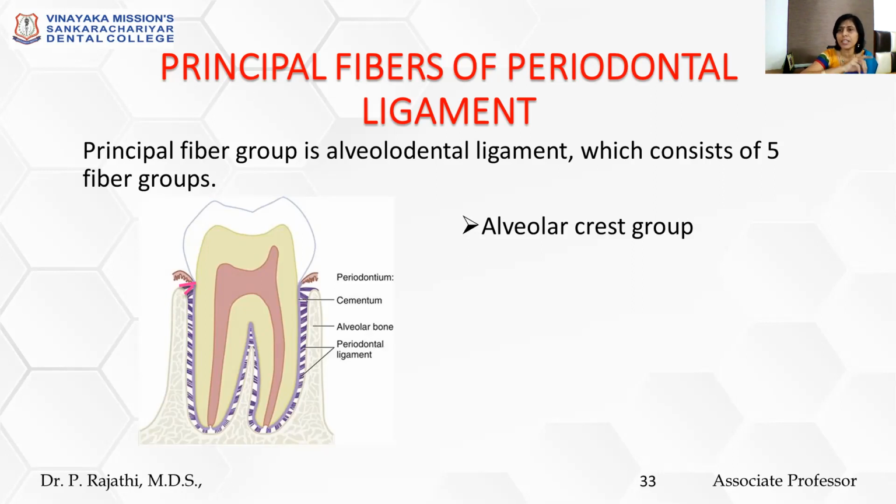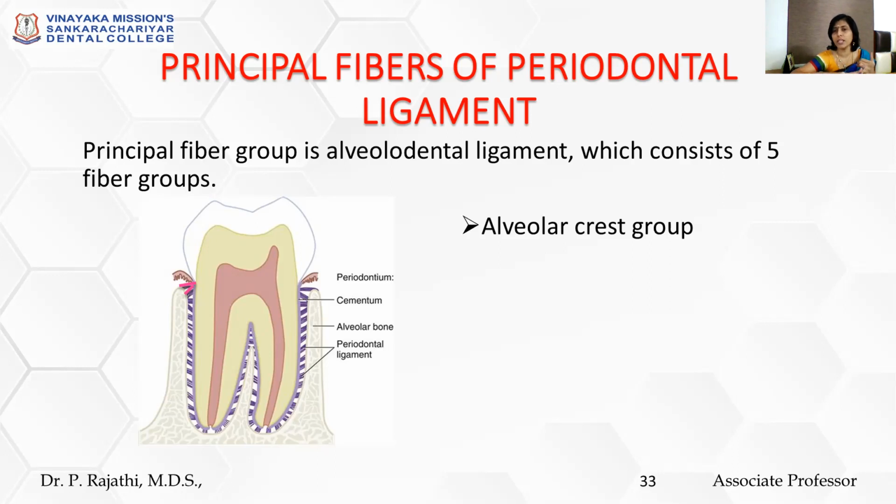The tip of the alveolar bone, the sharp point, that is the most coronal portion of the alveolar bone. You call it alveolar crest. So the alveolar crest group originates from the cementum just beneath the junctional epithelium, extends in an oblique direction and gets inserted into the alveolar crest of the alveolar bone.